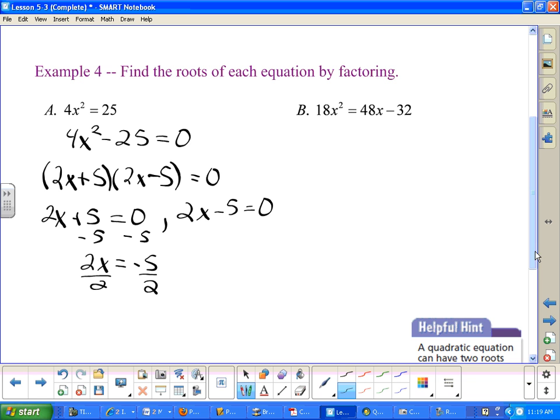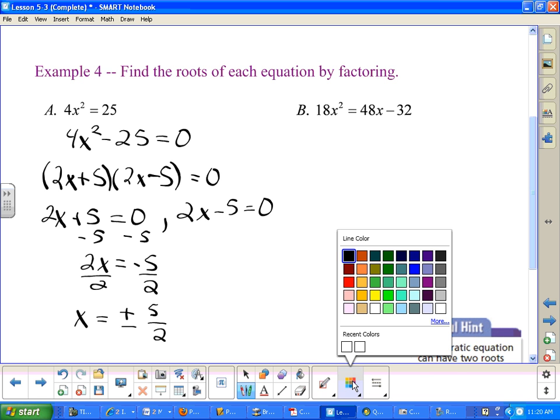So my solutions are going to be x equals a positive or a negative 5 halves. Because if I solve the other one, I'm going to get positive 5 halves. So I get plus or minus 5 halves.